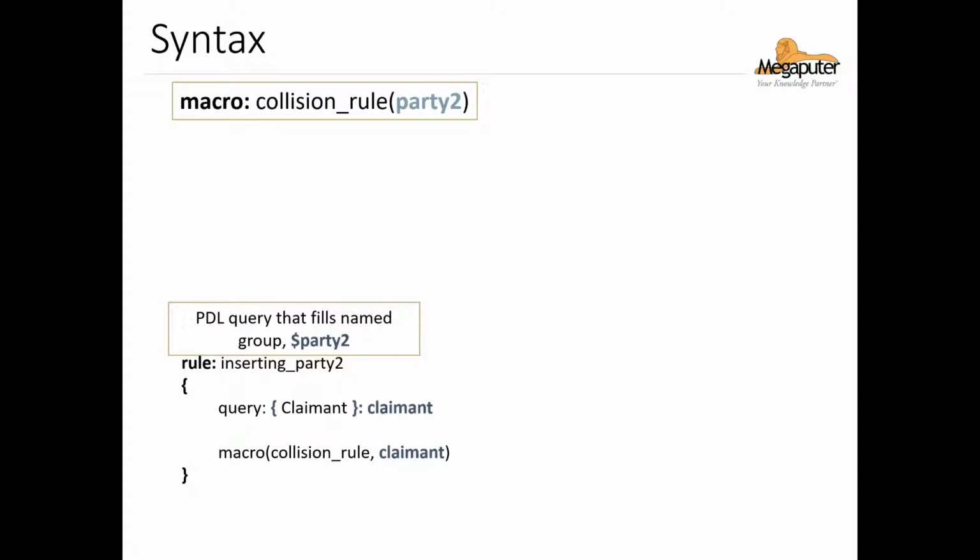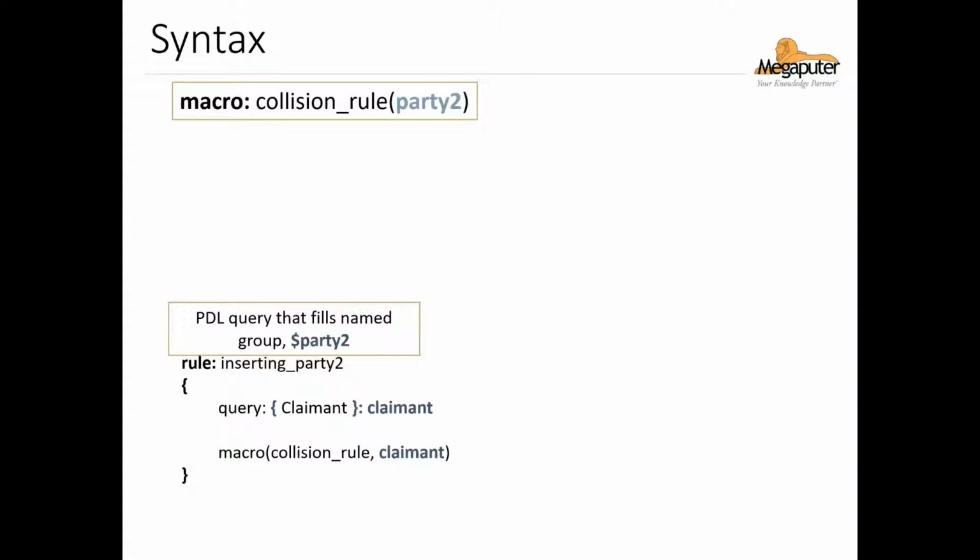So, how are we going to go about using this? Alright, so I'll have a new rule called inserting party 2. And then I need to have a query, which is a constraint of XPDL. So what we usually do is just look up the thing that we want to insert.